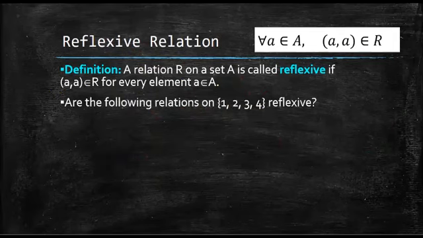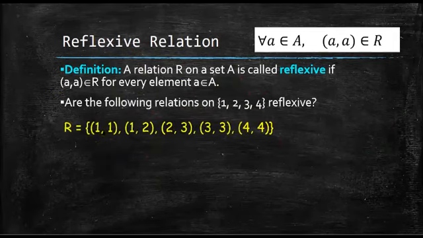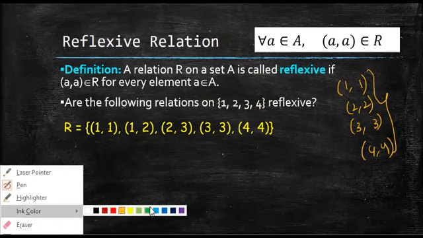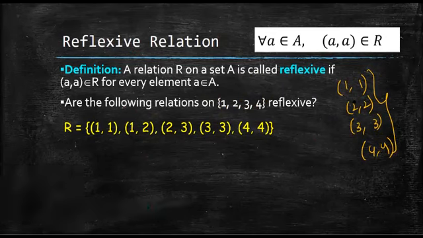For the first question, the relation R consists of 1, 1, 1, 2, 2, 3, 3, 3 and 4, 4. Now what is A comma A for every element of this set? It should contain 1, 1, 2, 2, 3, 3 and 4, 4. So any relation, if it contains all these ordered pairs, can be considered reflexive. So let's check for the same. For our relation R, does it have 1, 1? Yes, it has 1, 1.